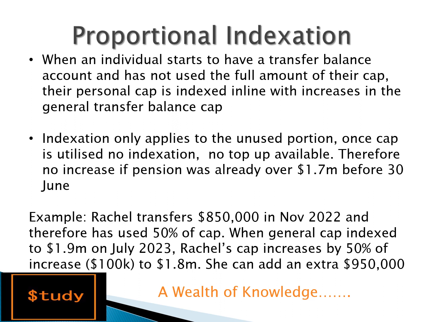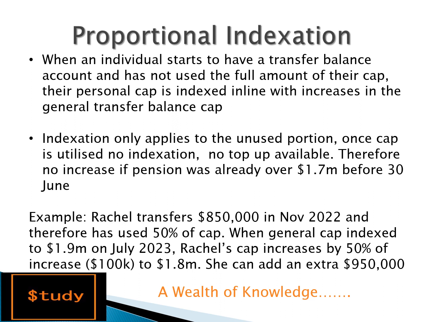You've used up the cap, the cap goes to $2 million, too bad. You cannot add any more because you used up the cap when it was 1.9. If, however, you only put in half that amount when the cap was 1.9, then yes, your cap will go up by half.